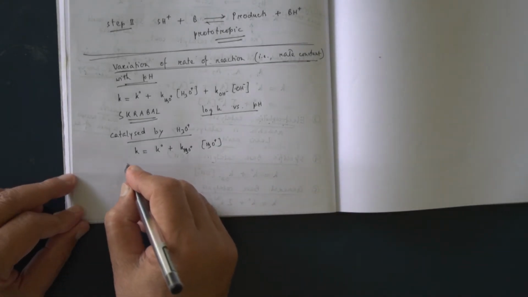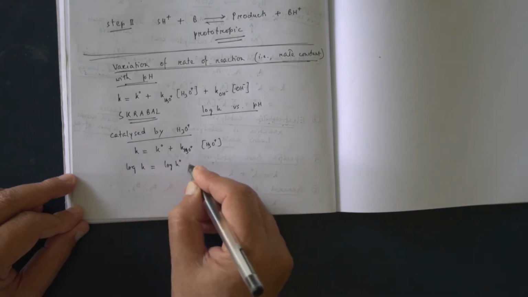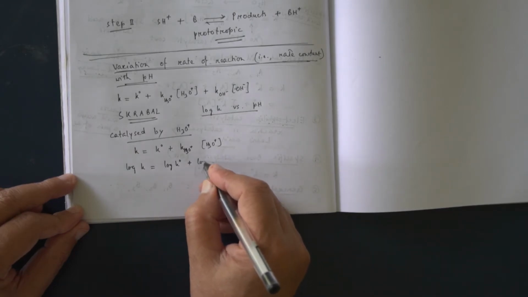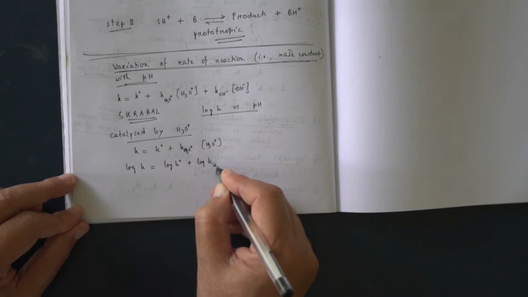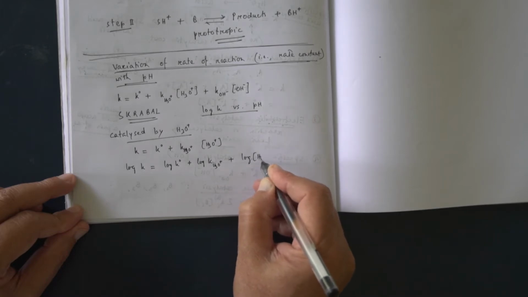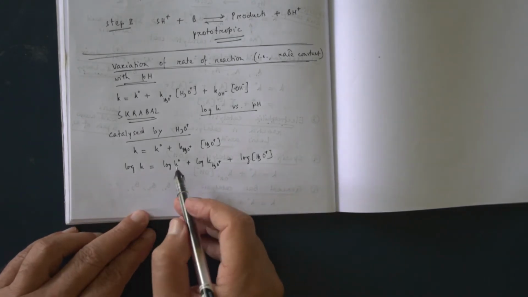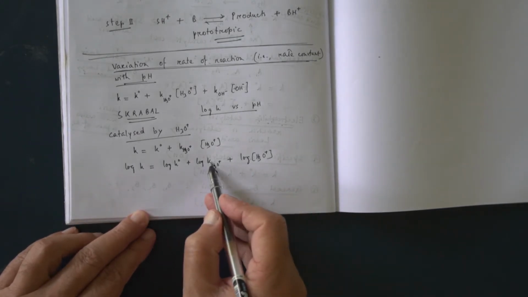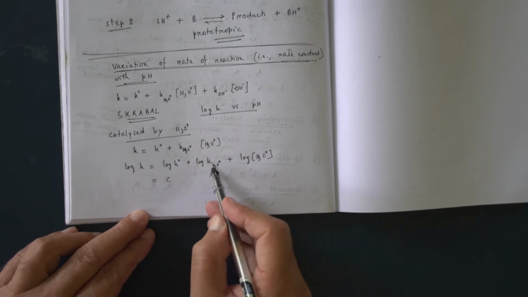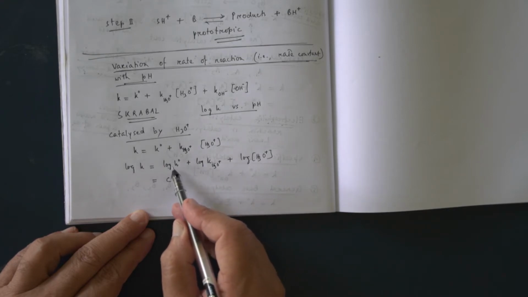If we take log, log K will be equal to log K naught plus log of this. Since log of M into N equals log M plus log N, and K naught is constant, I can write this as C, where C is a constant equal to this constant.